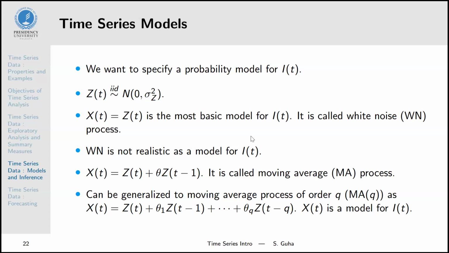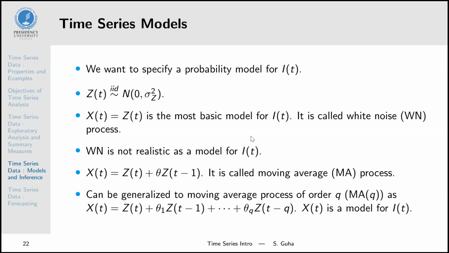But we have seen from the picture that the covariance function of this Zt and the periodogram of this irregular component are not at all matching. So instead of working with this Zt, we have taken this Zt plus maybe 0.5 Zt minus 1, and I call that the appropriate model for this irregular component.